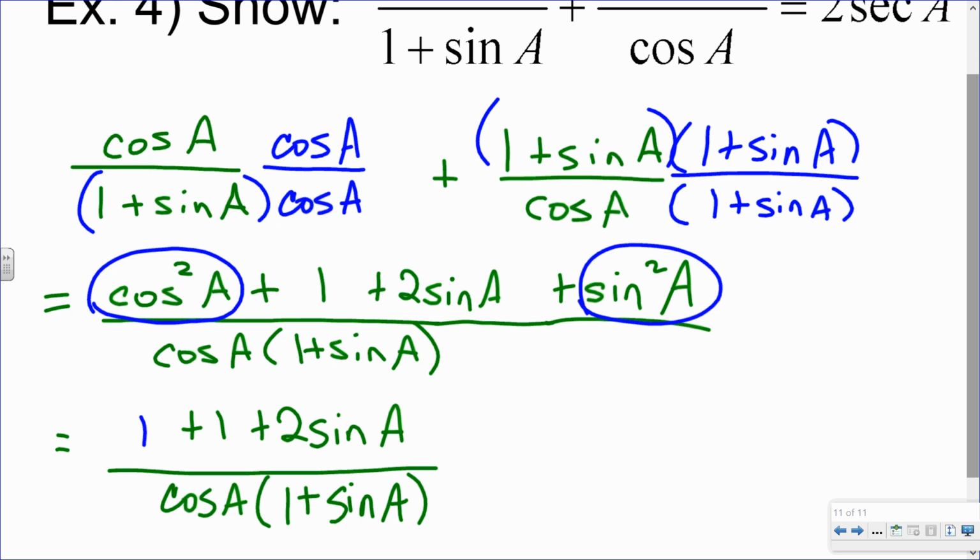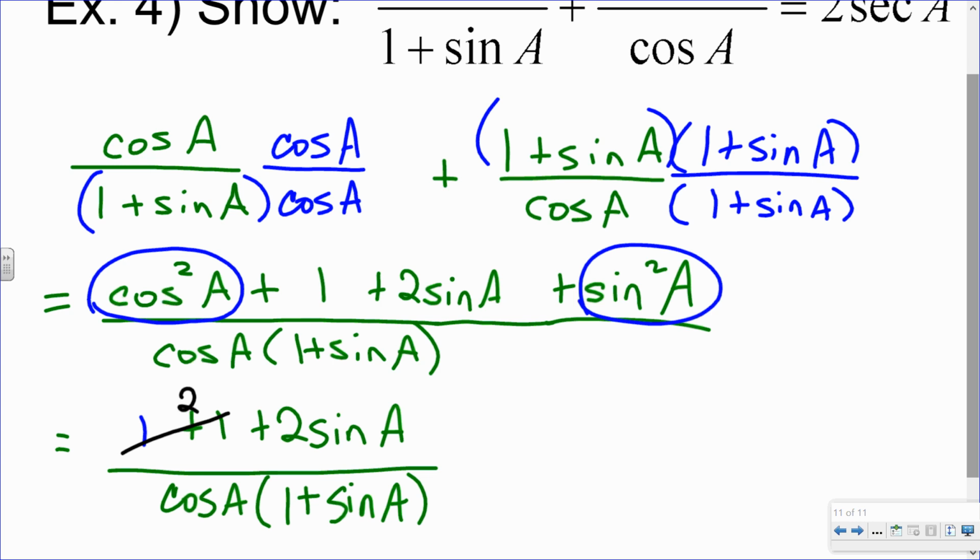All right, are we getting anywhere? What else can I simplify in that thing? I have 1 plus 2 sine A. 1 plus 1 is 2. Okay, that's good. The 1 and 1 means that my numerator is now 2 plus 2 sine A. I think I'm seeing some ahas out there.